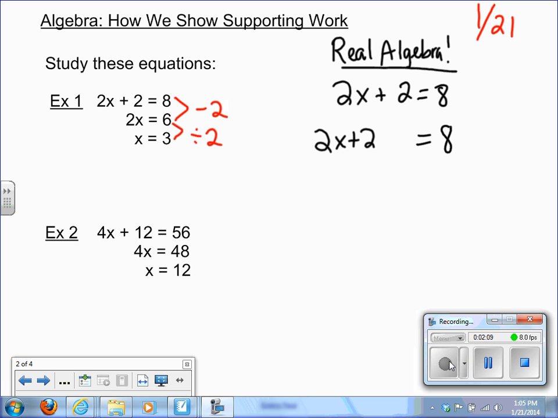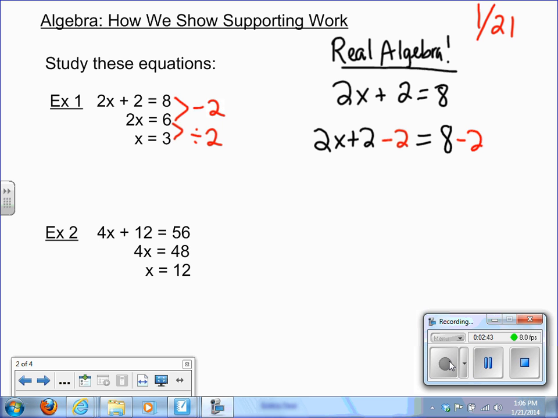Okay, and we said the first step that we did to both sides was to take away 2 here. All right? Now, equations are like a scale. They have to stay in balance. So if I take away 2 from one side of the equation, in algebra we show it by taking away 2 from both sides. You might be saying, why? Well, if I have plus 2 here and minus 2, what do I end up with? Plus 2 and minus 2 leaves me with 0.